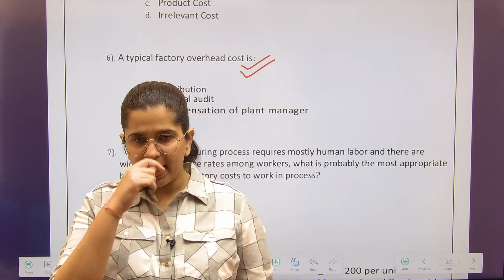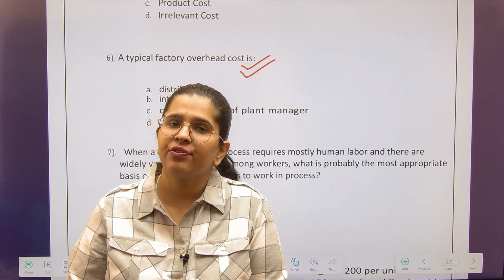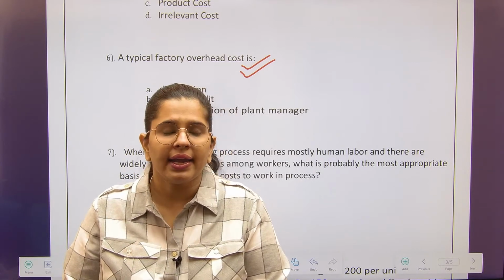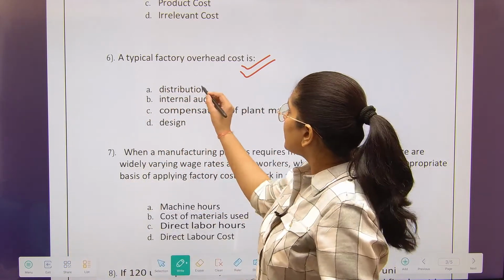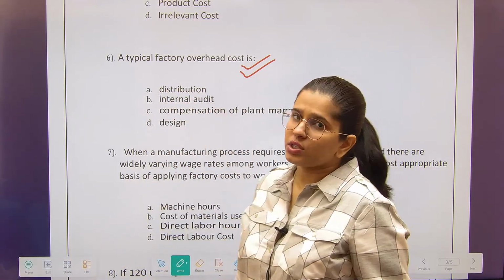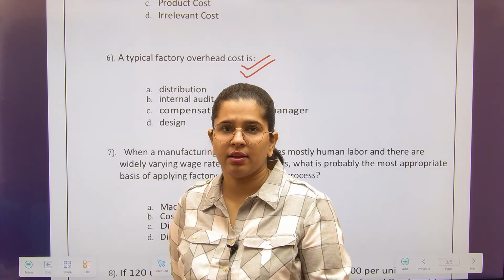So if any conceptual question comes in the examination, you can easily differentiate among the costs. It can also happen that a cost, let's say internal audit cost of 40,000 rupees, is given to you in a numerical.